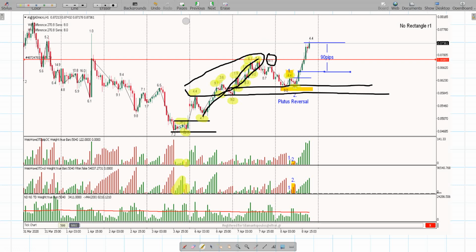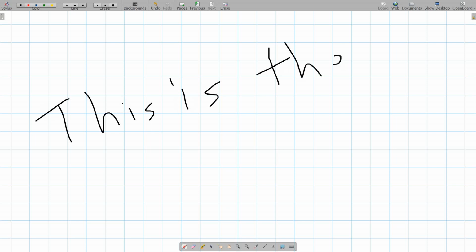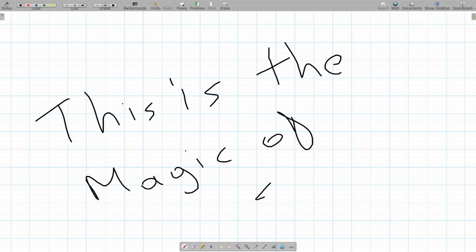So, last slide. This is the magic of speed index, believe it or not.